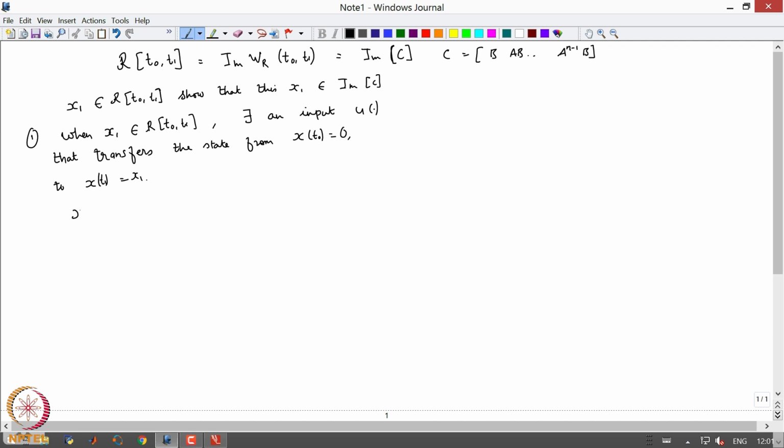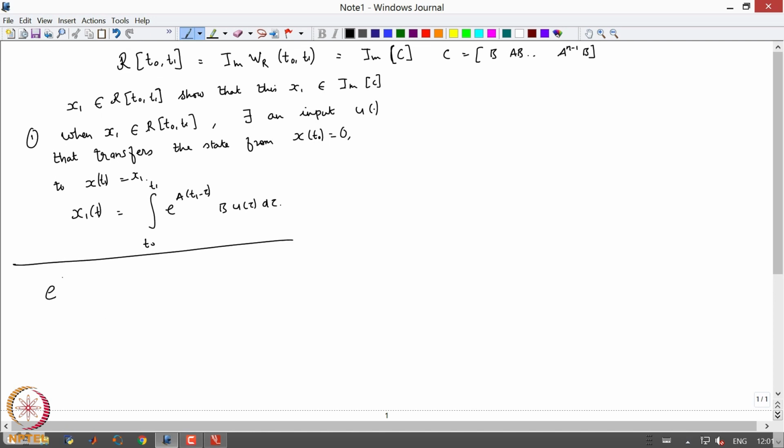Which means in the LTI case it looks something like this: integral from t0 to t1 of e power A(t1 minus tau) B u(tau) d tau. Okay, so I will just mention this briefly here, but we have done this earlier.